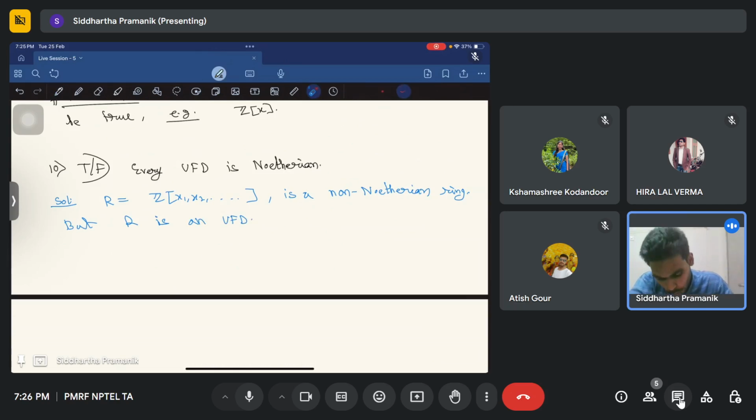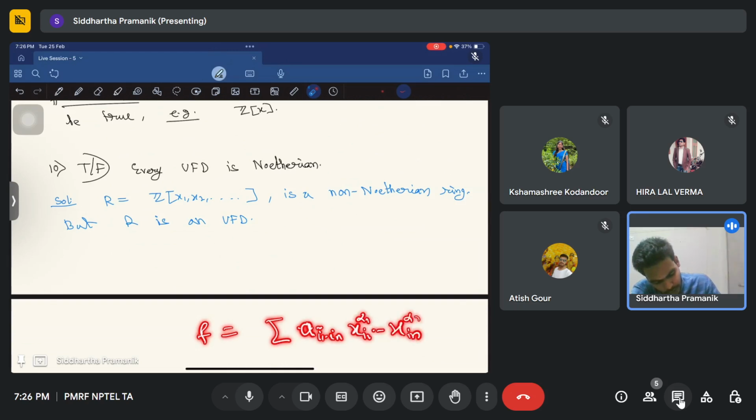So why is R a UFD? This is because every polynomial in R is just a finite sum of monomials, looking like a times x_{i1}^{alpha 1} up to x_{in}^{alpha n}, and this will be a finite sum.